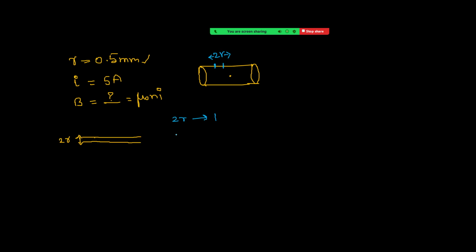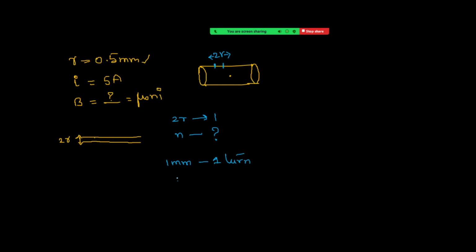Then how many turns per unit length? So what is the R value? Half mm. That means 2R means 1 mm. So for 1 millimeter, there is one turn, right?